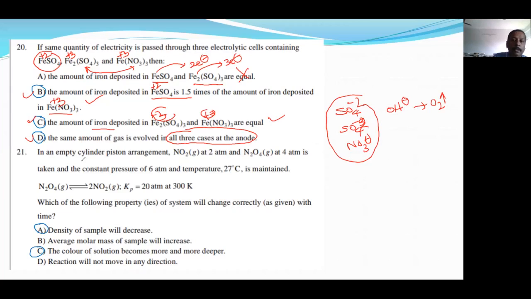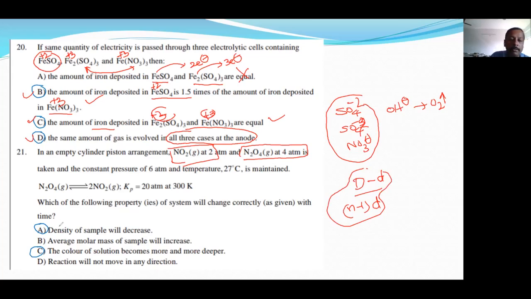Okay. Then in an empty cylinder, piston arrangement, N2, NO2 and N2O4. Same question we have solved, but as a numerical. During the derivation of the formula, (D minus d)(n minus 1)/d, I told you n greater than 1 during the decomposition.